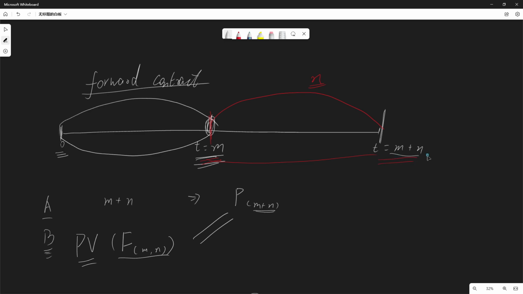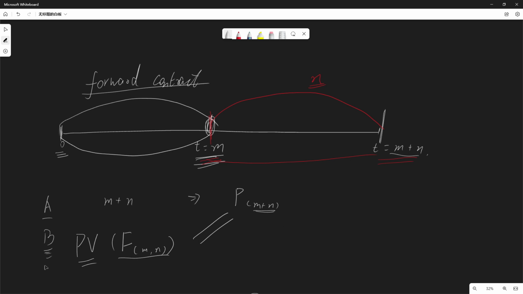Remember, it's a zero coupon bond. There's no compensation. There is no coupon during the holding period of the bond. So the only cash flow that you're going to receive is at the time m plus n, right? That is the scenario of investor A. But what about investor B?